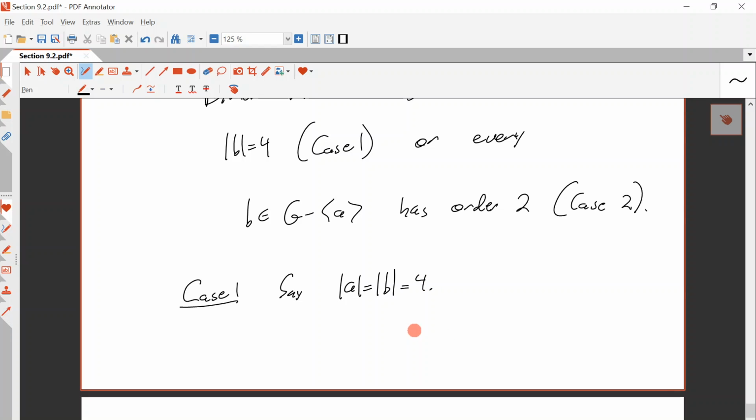Now, remember, the order of that product is equal to the order of the subgroup over the intersection.